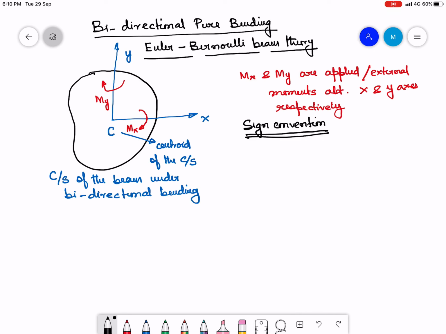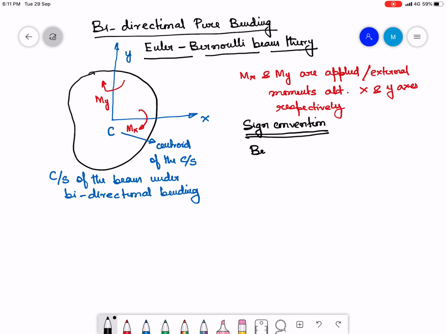Okay, so bending moment that produces tensile stress in the first quadrant is considered to be positive. Let me write it down.